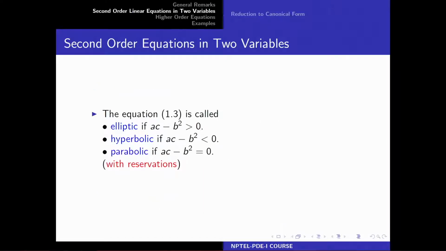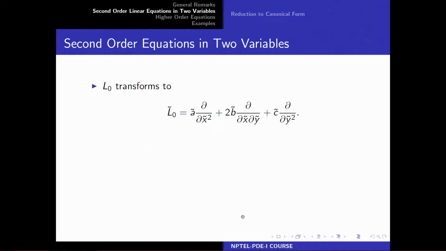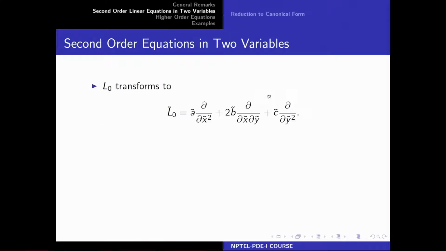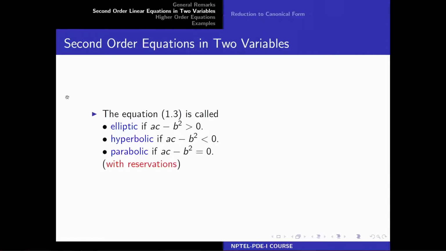And so, you immediately conclude that the equation 1.3, the second order equation, only the first three terms matter, we call this elliptic if AC minus B square is positive, hyperbolic if AC minus B square is negative, and parabolic if AC minus B square equals 0, and for the last one, with reservations.